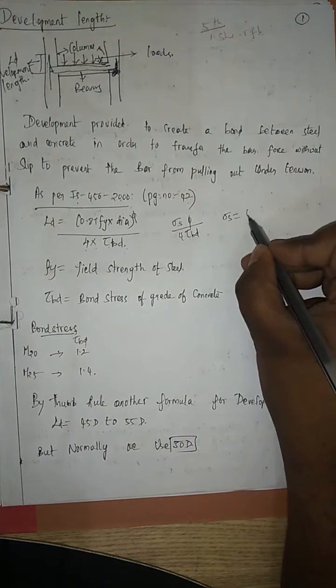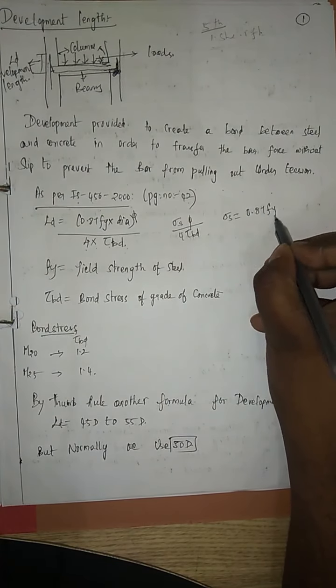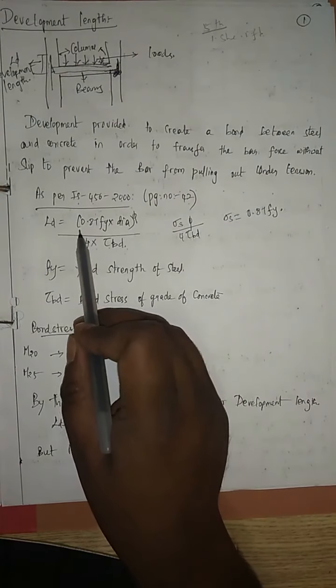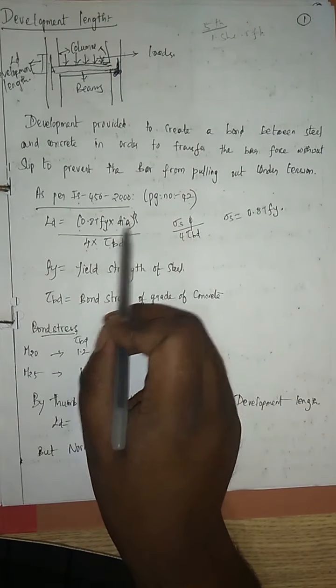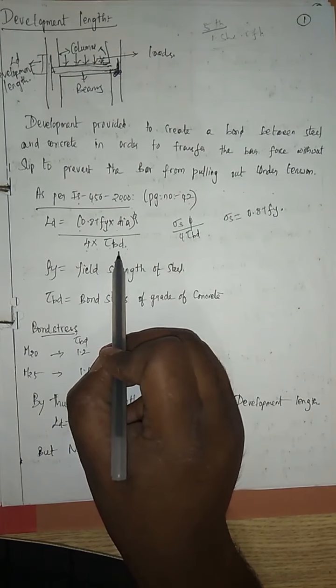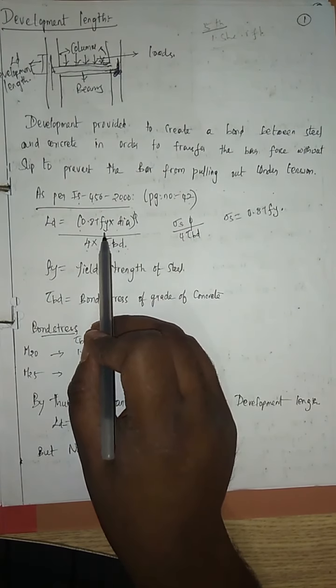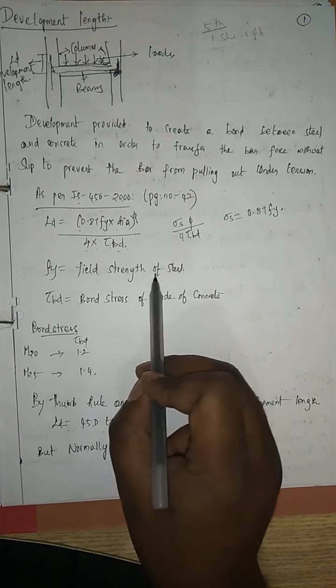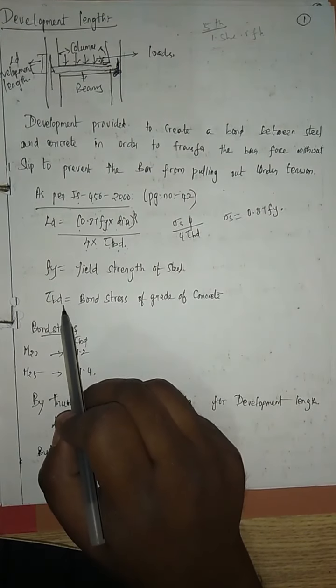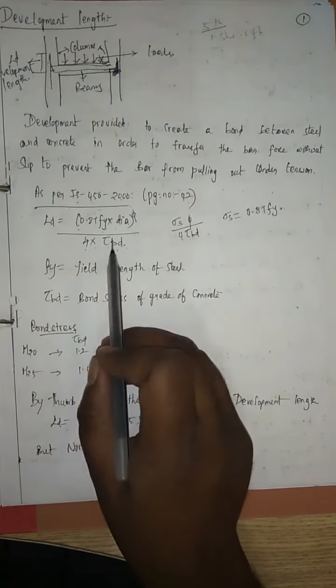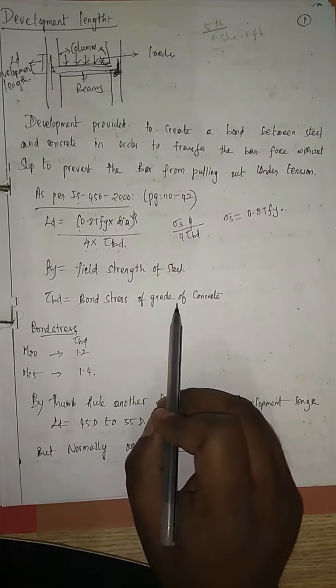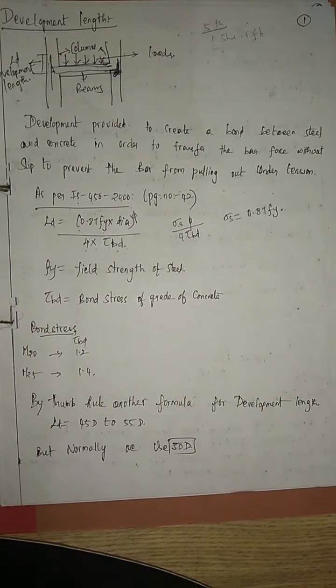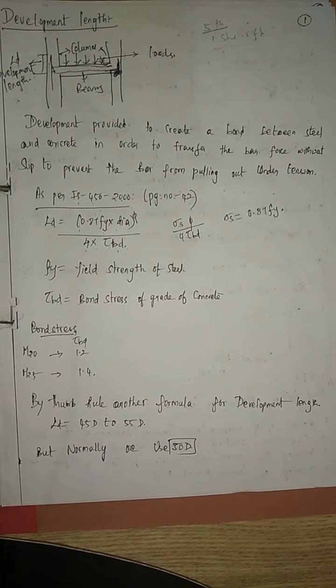Sigma s is nothing but 0.87 Fy. So Ld = 0.87 Fy phi divided by 4 tau BD, where Fy is the yield strength of steel, and tau BD is the bond stress of the grade of concrete.